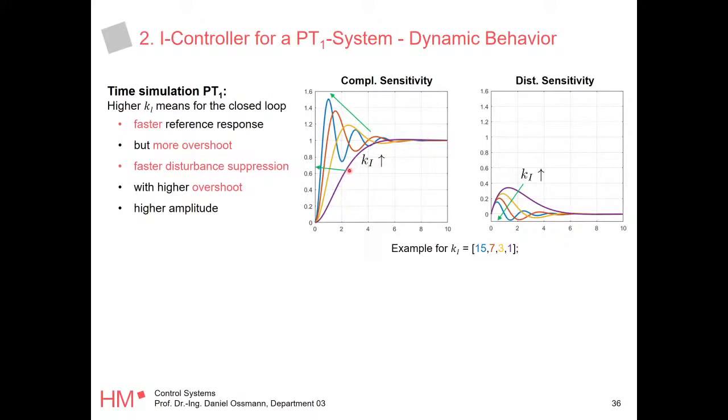But the problem is we cannot increase that very much, because as soon as we start increasing the gain here, it starts oscillating pretty fast. See, when we have a gain of 15 here, it's probably oscillating too much. It's not very well damped. So we are reaching an overshoot pretty fast.